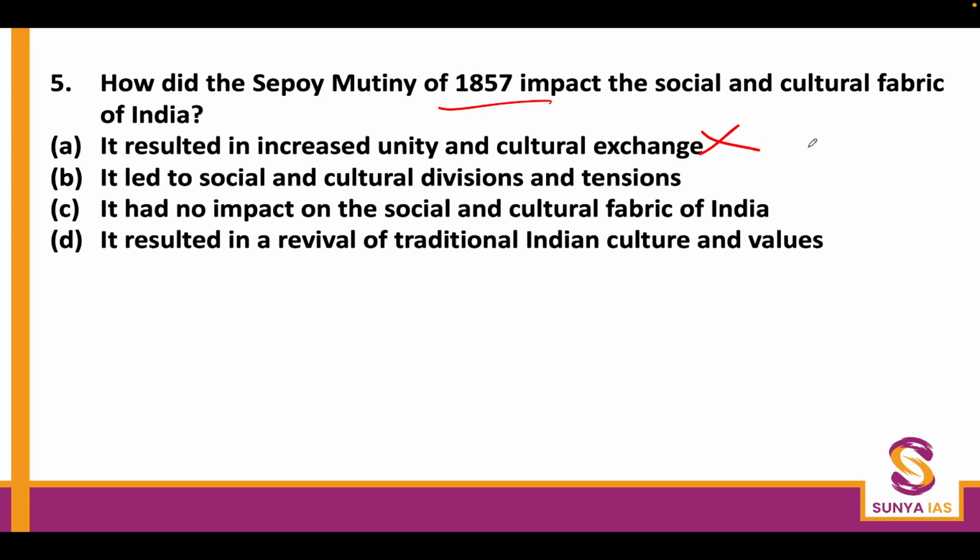Muslims were blamed more, and because they were in the leading position of erstwhile Mughal Empire, the Muslim community always felt that the action of Britishers against them was far more severe, and this increased the frustration and animosity among the Hindu and Muslim communities, and increased the cleavage in the Indian society. It led to a social and cultural division and tension. This surely happened. It has no impact on social cultural fabric of India. This is wrong. It resulted in a revival of traditional Indian culture and value. This is also wrong. The B option is correct.